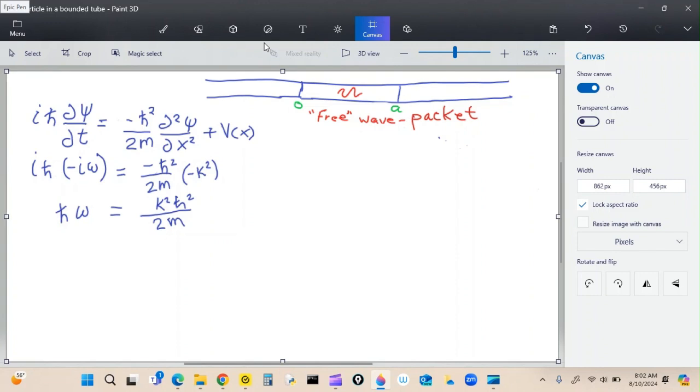So this is the energy right here. And that energy is also equal to k squared h bar squared over 2m. Now this looks very close to p squared over 2m. So I hope you buy this pretty well at this point so we don't get bogged down.